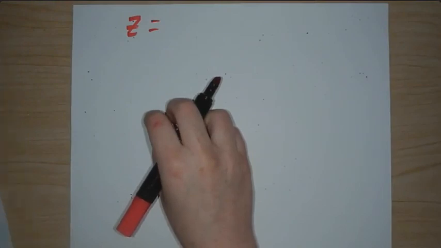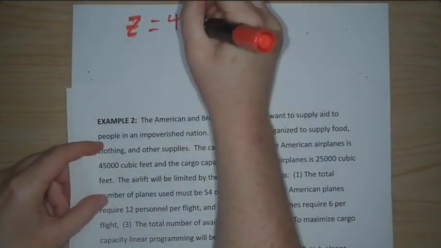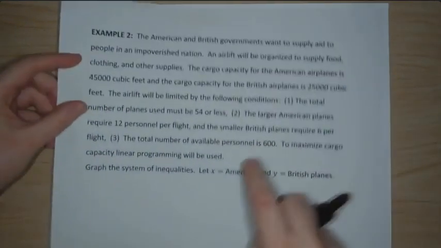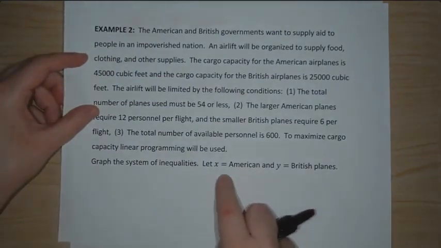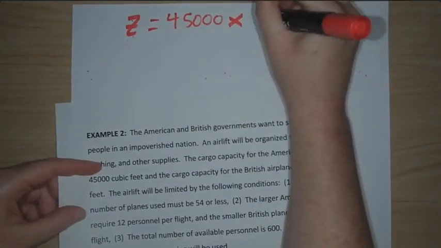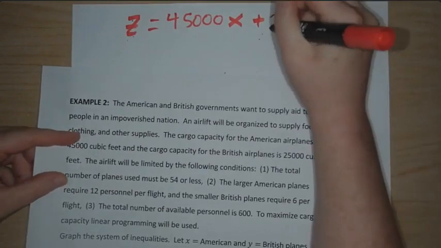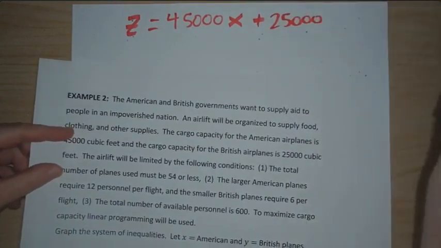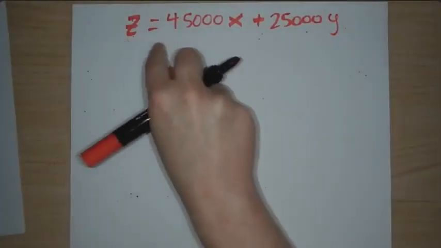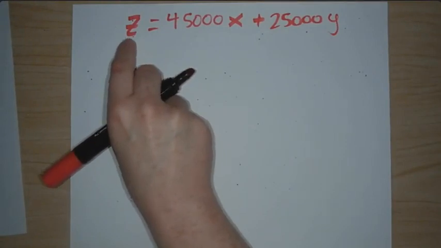For the American airplanes, it's going to be 45,000 times however many American airplanes we have, which is x, because x is our number of American planes. And this is added to our cargo capacity for the British airplanes, which is 25,000, times y, which is the number of British planes. So this is our objective function where z is the cargo capacity, and we want to maximize z.